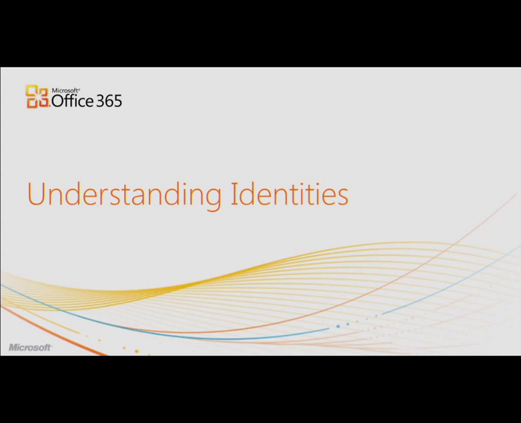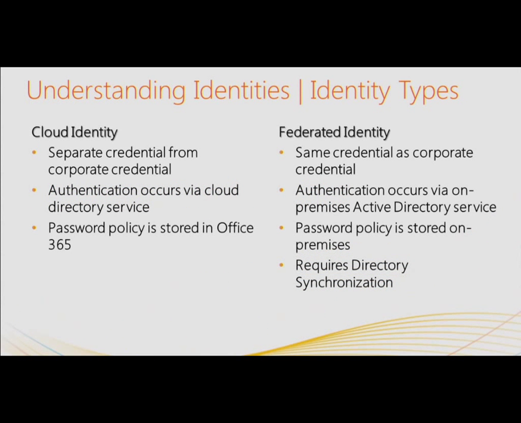So, understanding identities. When we talk about identities in Office 365, we can work with two kinds of identities. The first one is called cloud identity, and the second one is called federated identity. What is the difference between the cloud identity and a federated identity? The first one, the cloud identity, is managed only using the Office 365 portal, so it's only online.